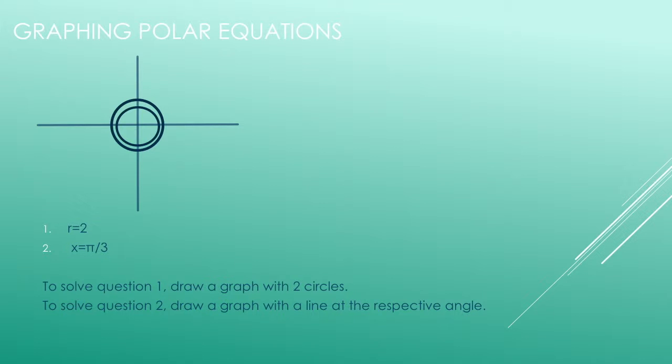For question number 2, we draw our x-plane and our y-plane, and then we draw an arrow that goes through the origin. Unlike the previous problem, this is going to go all the way through, not just from the origin and up, because that's just how we do these problems. And so that is how you graph polar equations.